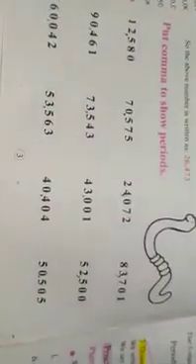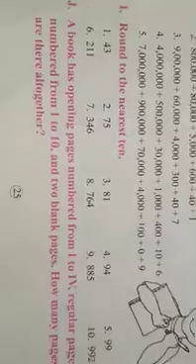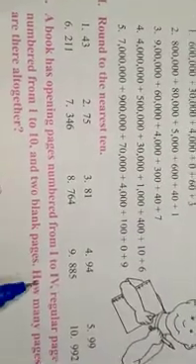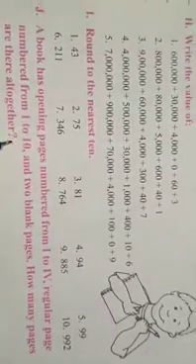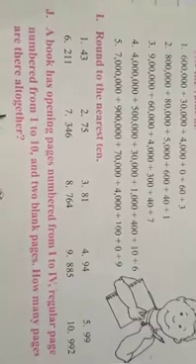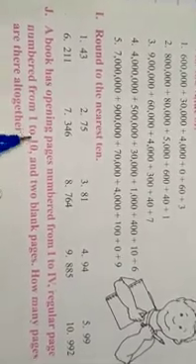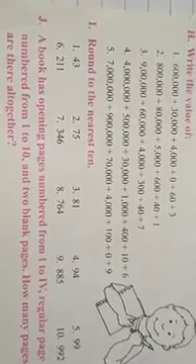So it is 1, 2, 3, next is 4. These are the regular pages of your book. In this question, he says that 1 to 4 are the opening pages, 1 to 10 are the regular pages and 2 blank pages. We have to add these 3 kinds of pages: opening pages, regular pages and blank pages.